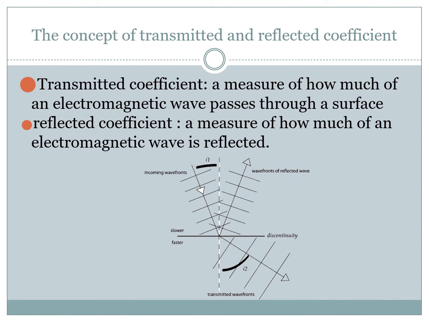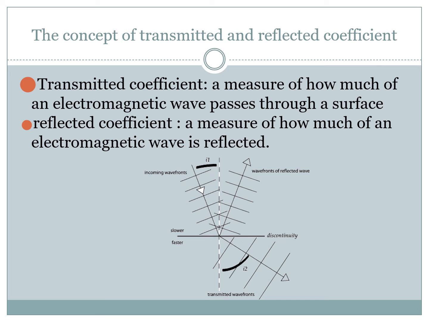In the previous slides, we were talking about transmitted and reflected. So my mentor and I decided to put in a slide with the concept of transmitted and reflected coefficient. Because with waves and in this experiment, it's very important to understand the transmitted coefficient and the reflected coefficient.